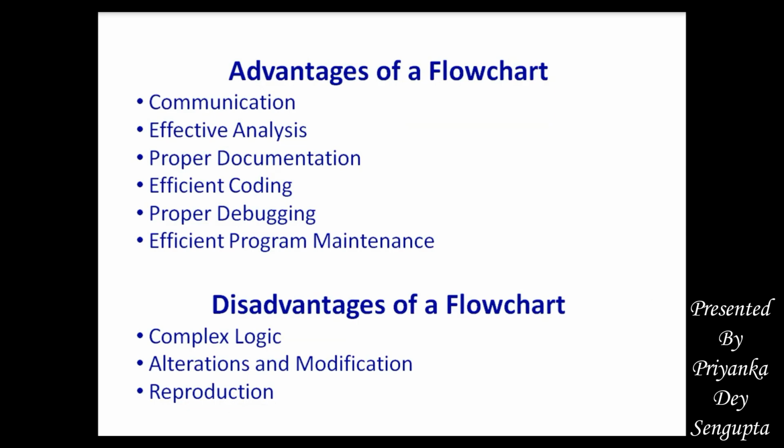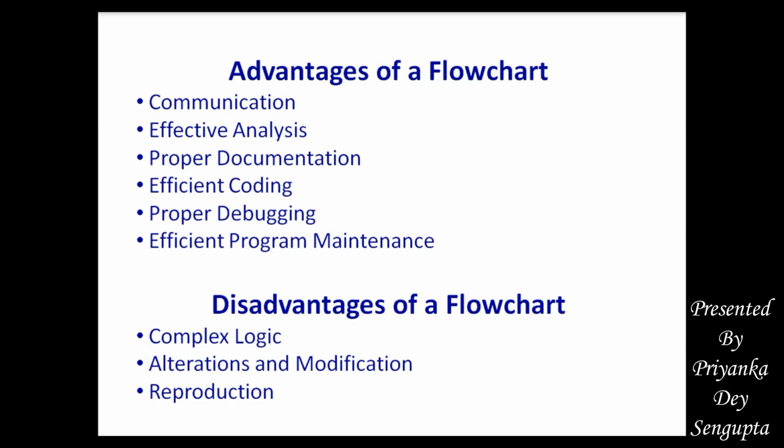Advantages of a flowchart. Communication. The pictorial representation of the flowchart provides better communication. Effective analysis. The flowchart is a pictorial representation, hence, it helps the programmers to analyze the problem in detail. Proper documentation. Flowchart serves as a good programming documentation.